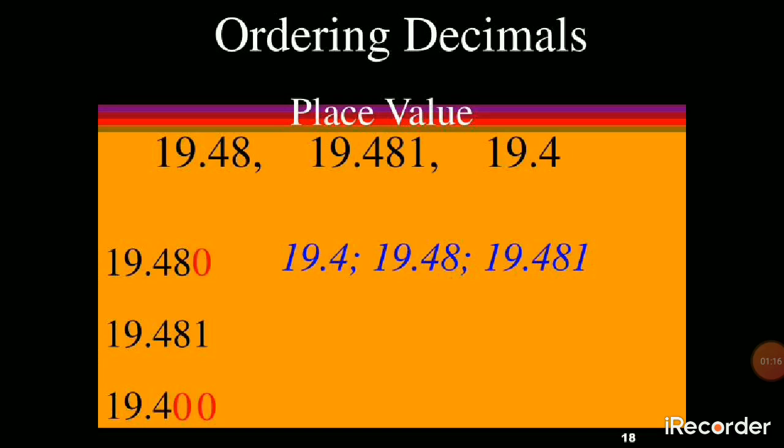How to make like decimals? 19.480, 19.481 and 19.400. Here the zeros are indicated in red color, showing they are added to make like decimals.